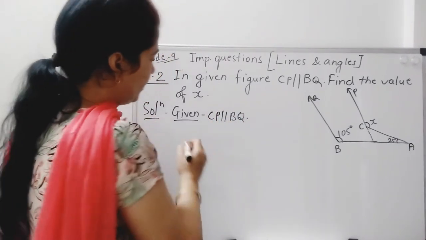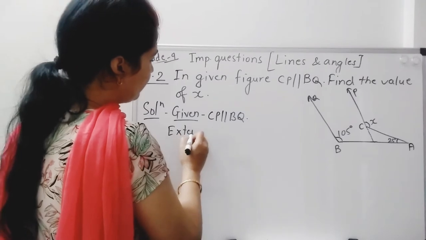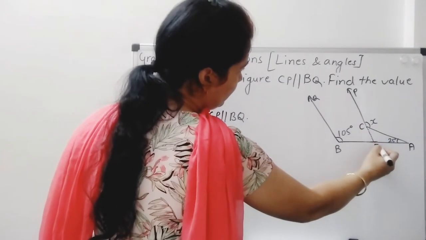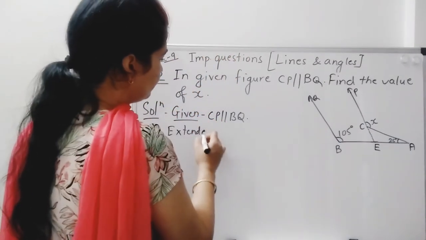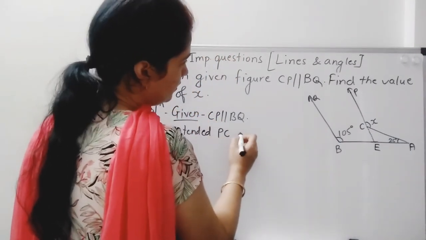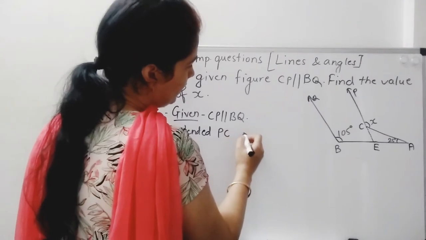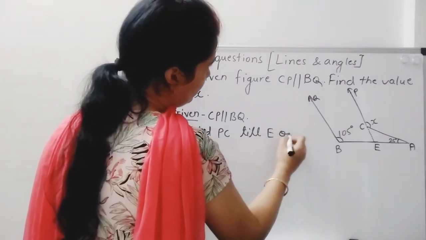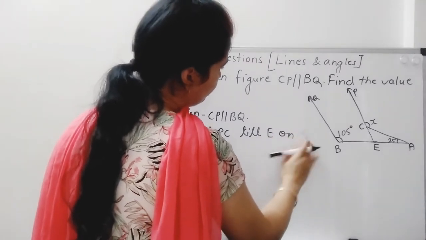So what we are going to do is extend PC till point E on line AB. So we extend PC till E on line AB.